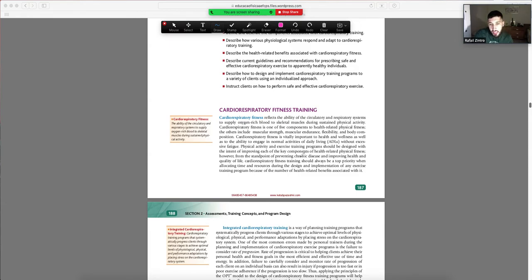However, from the standpoint of preventing chronic disease and improving health and quality of life, cardiorespiratory fitness training should always be a top priority when allocating time and resources during the design and implementation of any exercise training program, because of the number of health-related benefits associated with it.